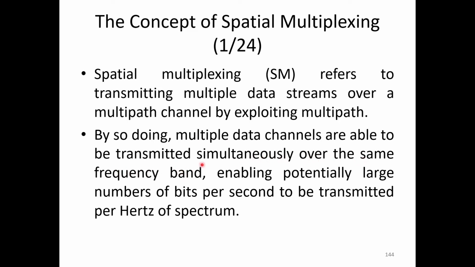Okay, that is, at the same time and at the same frequency, enabling potentially large numbers of bits per second to be transmitted per hertz of spectrum. Okay, so we do not need more bandwidth to transmit our data. And this, bits per second per hertz, is the unit of the spectral efficiency.